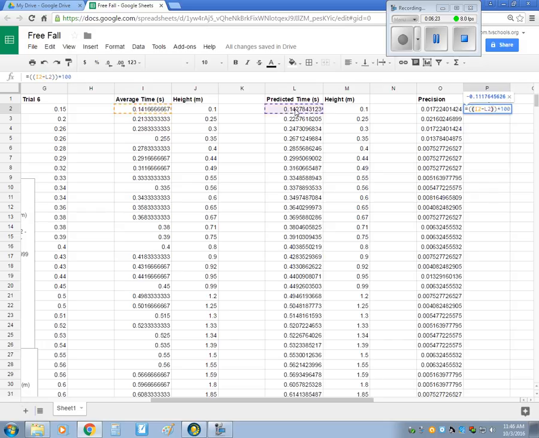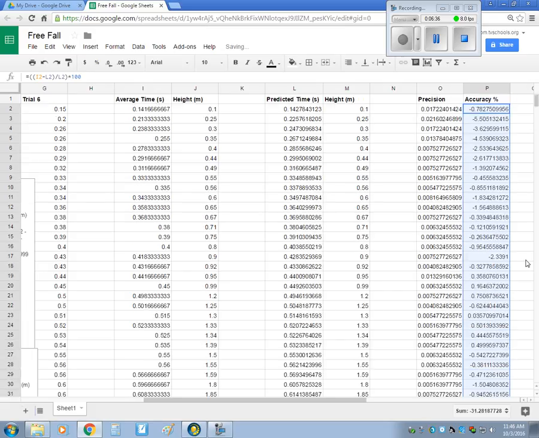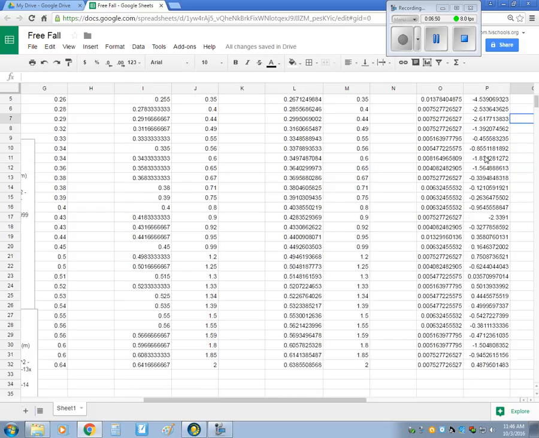All of that will be divided by my predicted value. And when I hit enter, I get my percentage error. So it's negative 0.78% for that first one. So populate this list down. And really for accuracy, as long as you get lower than 10%, that's pretty good. So it looks like my highest one is 5%. Now the negative means that it's below the predicted value. Positive, such as these ones right here, positive means that it's above the predicted value.